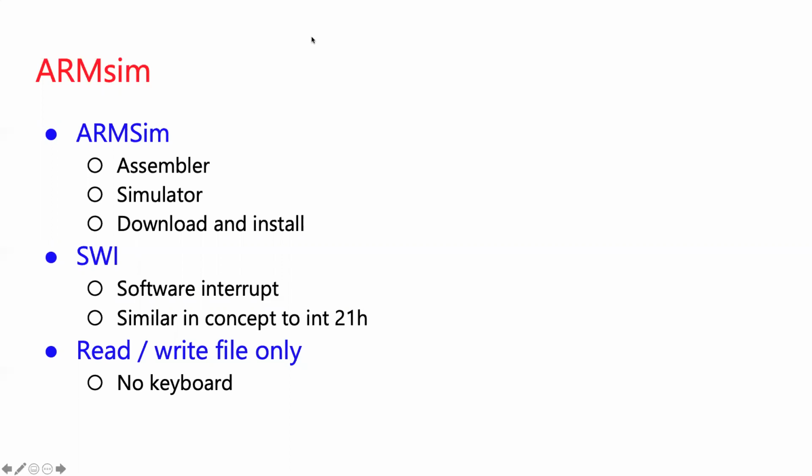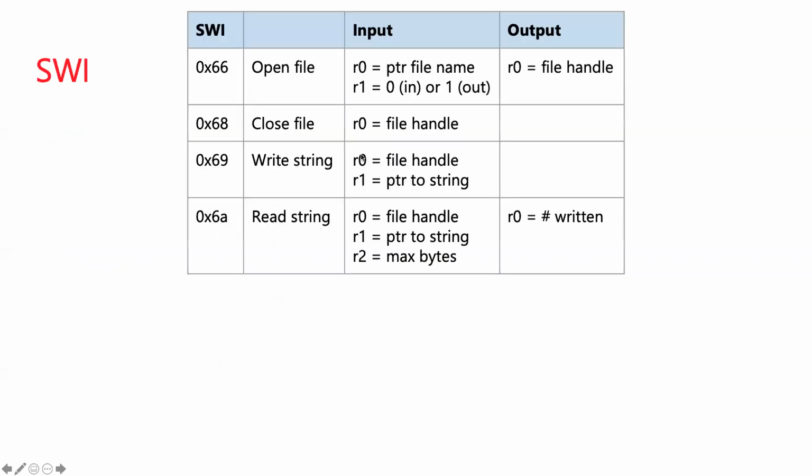We talked about this last time. Mostly this involved talking about how, if you're using ARMSim, then just like raising various interrupts on the 8086, we can generate software generated interrupts to get the operating system to do things for us. And here we're going to count on reading and writing files.